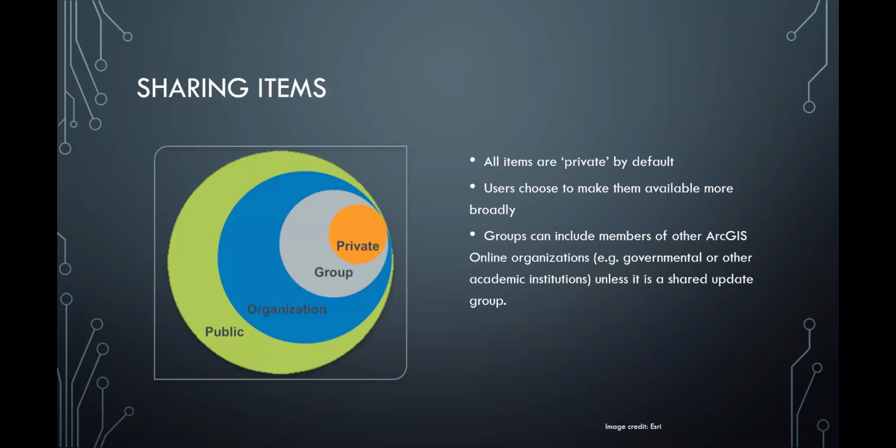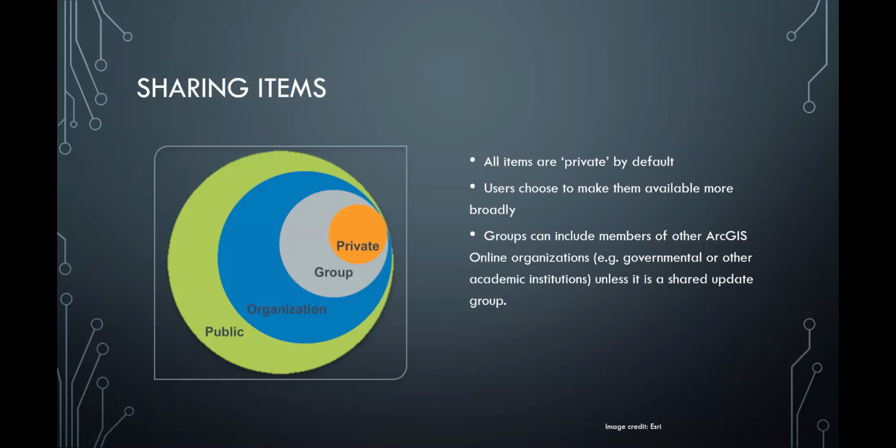Let's just talk for a minute about sharing items on the platform. By default, everything's private, similar to a lot of other web-based platforms. And you as a user choose to share it more broadly, right? So within this platform, individual items can't be shared per se, but you create groups where you share items within a group.